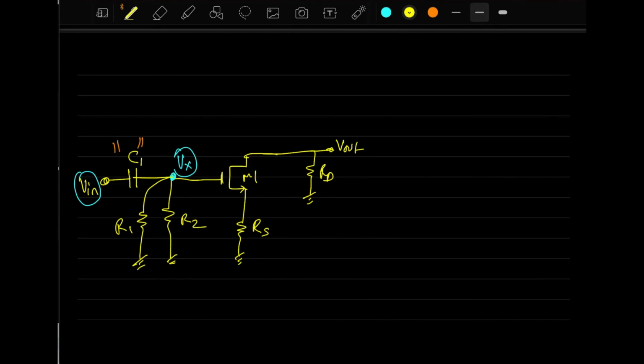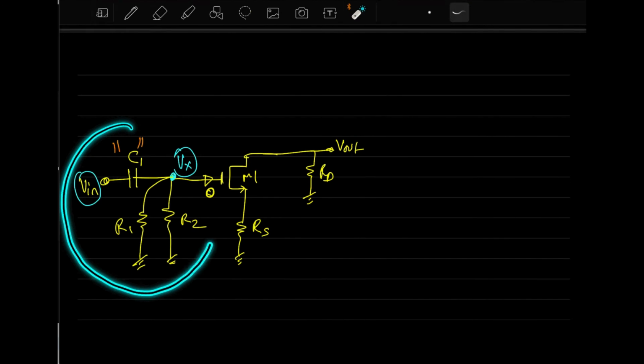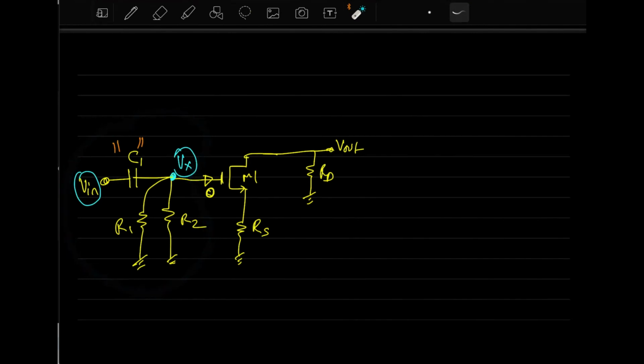Vx by Vin is very simple. You can see here the current going to the MOSFET is 0. So if the current going to the MOSFET is 0, then it's a simple voltage divider. If you remember, this particular circuit which I am focusing on here, we have already analyzed it.